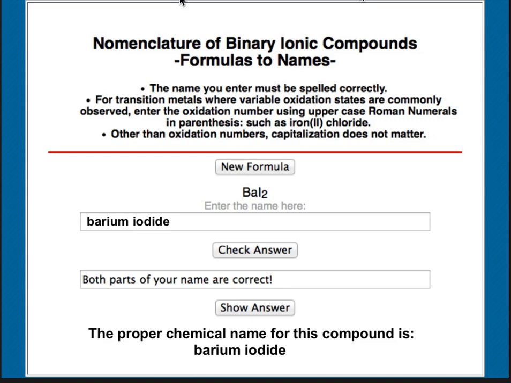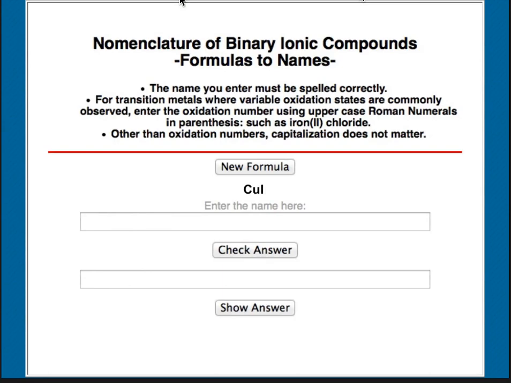Let's do another one. Copper and an iodine, right? Copper, there's a right there. It's a transition metal, isn't it? So we need to put in the charge. Iodine, group 7, so it'll be a -1.